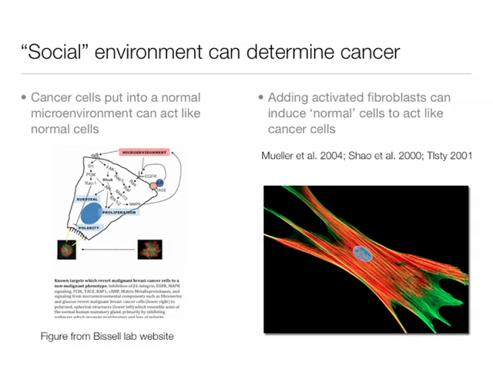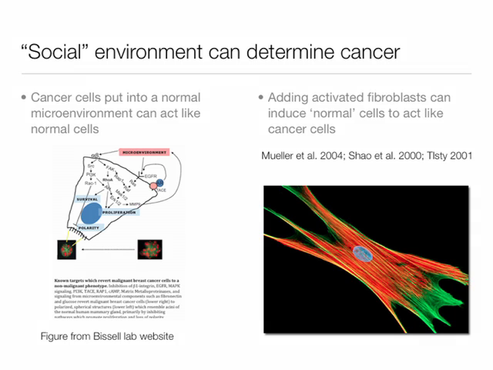You can add environmental cells, activated fibroblasts, and they can induce normal cells to act like cancer cells. So there is a very important interaction with the social environment, in other words, the other cells, that really determines whether a particular genotype will end up as a cancer phenotype.